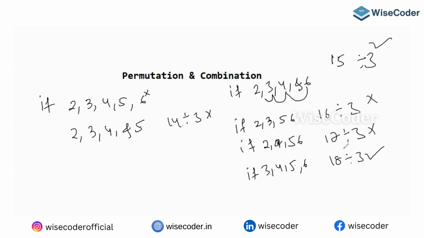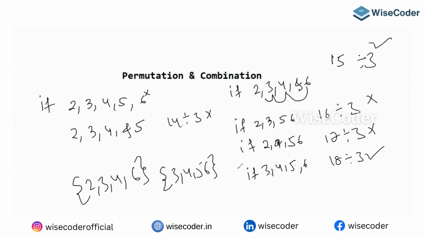So there are only 2 sets which are divisible by 3. What are the sets? 2, 3, 4 and 6, and the other is 3, 4, 5, 6.